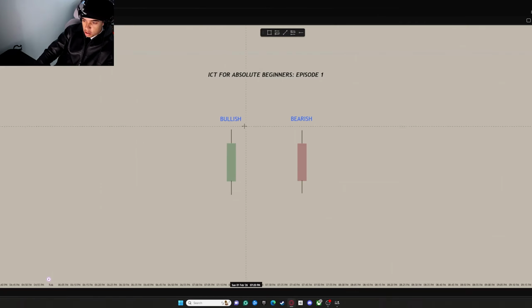And this is called a bullish candle. What helped me is to think of bulls with their horns: whenever they go, it goes up. That helped me remember what bullish and bearish are. Bears, with their claws, slice down.